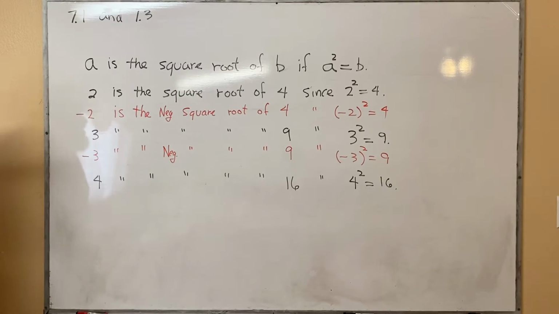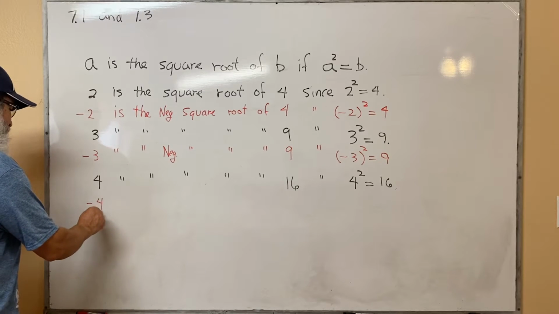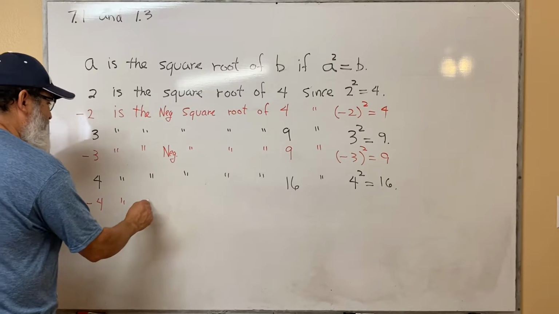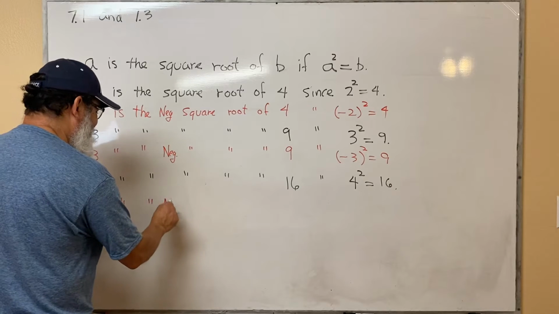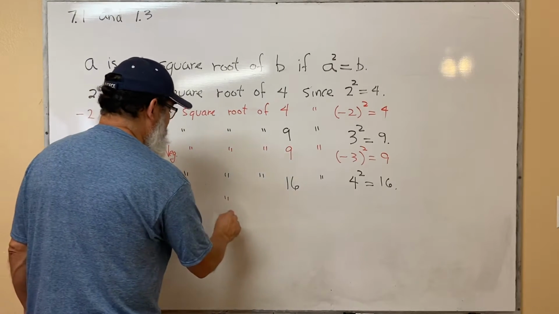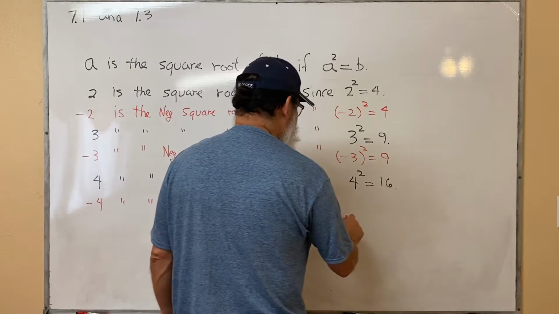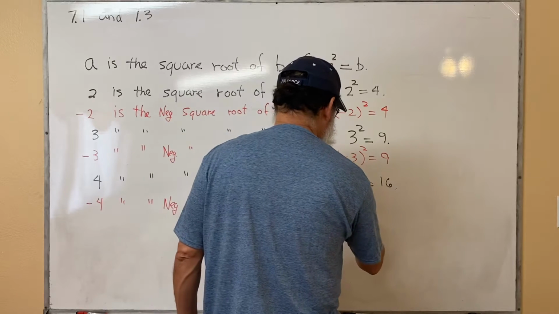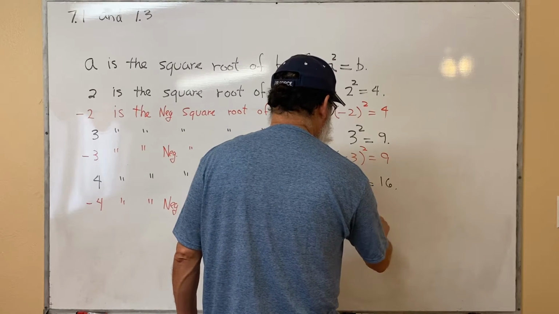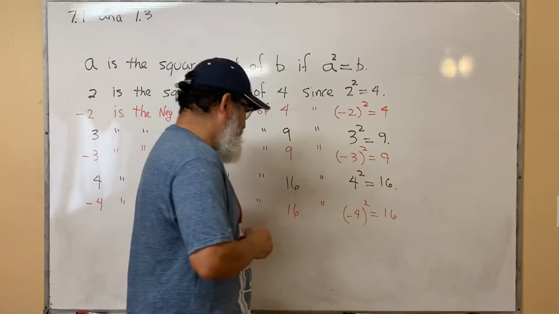I gave you the first one. 4 is the square root of 16. There's another one. Negative 4 is the negative square root of 16, since negative 4 quantity squared equals 16.